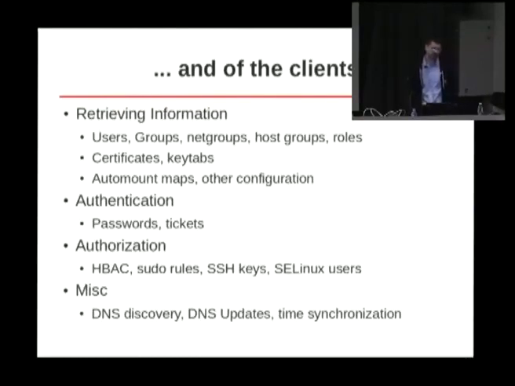And there are other configurations like auto-mount maps, which are common in Unix-based networks. Clients need to perform authentication, even though passwords and keys may be held in a central server. When you authenticate to a client, you actually perform the authentication partly on the client as well, because the client is involved in the whole process of authenticating the user.